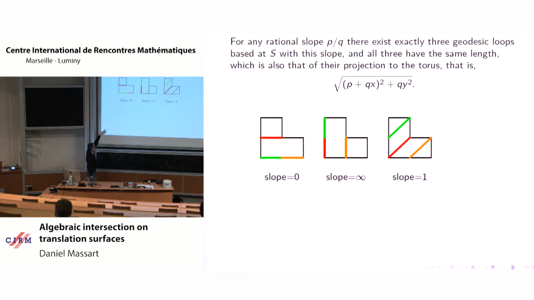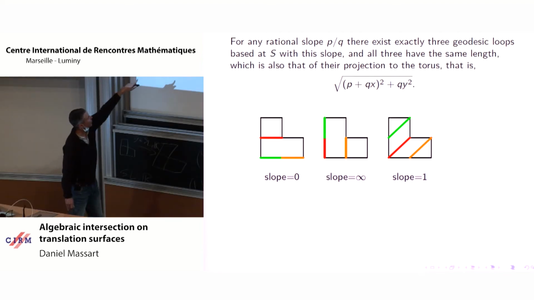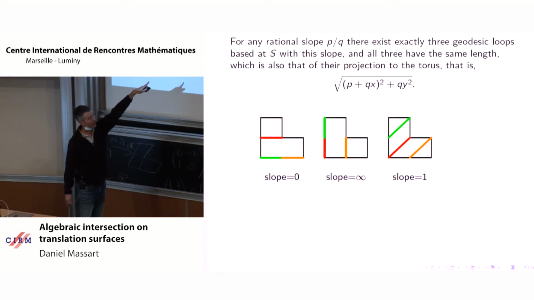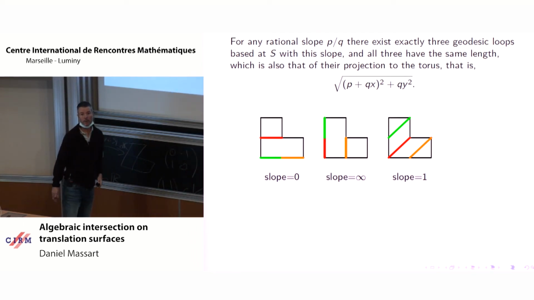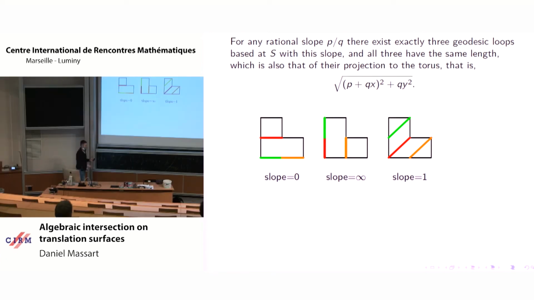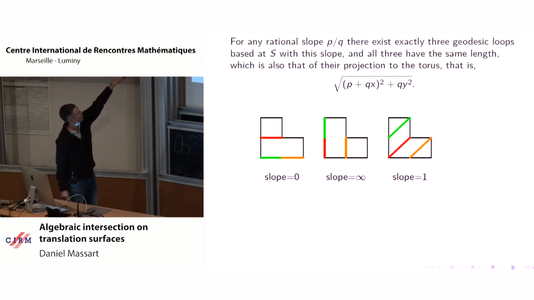I have drawn them in the case of zero slope, of infinite slope, and of slope equals 1. So my surface is a threefold ramified cover of the torus. Each geodesic lifts to 3 geodesics in the surface. And an interesting property of this surface, this is a very special surface, is that all those geodesics always have the same length.